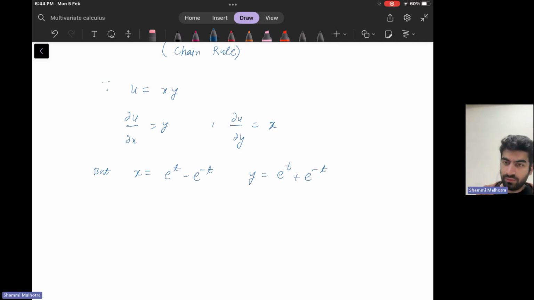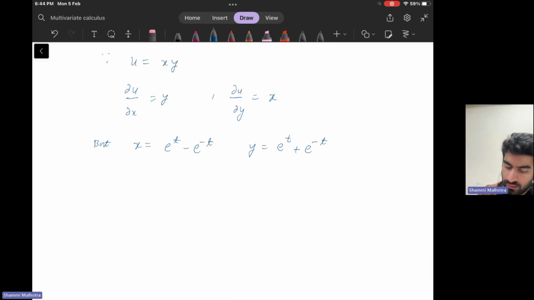So what I would like to do is write these partial derivatives in terms of t only, because at the end we are differentiating with respect to t. So del u by del x turns out to be y, which is e raised to the power of t plus e raised to the power minus t. And likewise, del u by del y is e raised to the power of t minus e raised to the power of minus t.